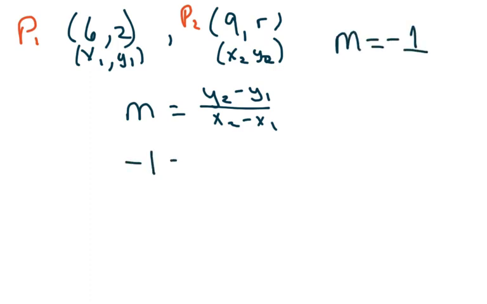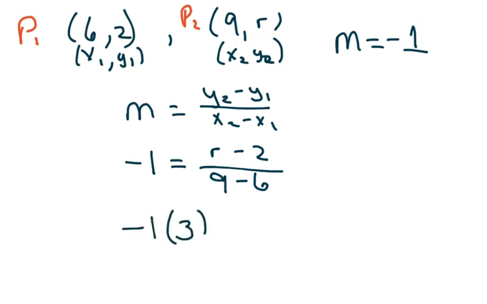So negative 1 equals r minus 2 over 9 minus 6. I'm going to cross multiply. It's negative 1 times 3. I went ahead and changed this to 3. Equals, I'm going to go ahead and write this negative 1 in fraction form.